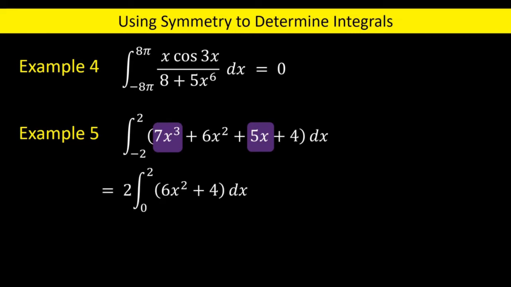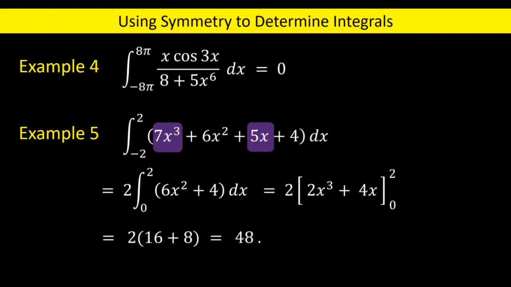So the integral is just twice the integral from 0 to 2. And it's easy to write down an antiderivative. Evaluate at 2, then multiply by 2. There's no other terms to worry about because the antiderivative at 0 evaluates to 0. And so the answer is simply 48.